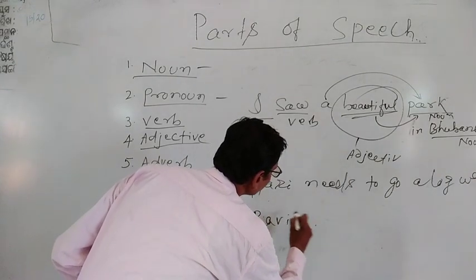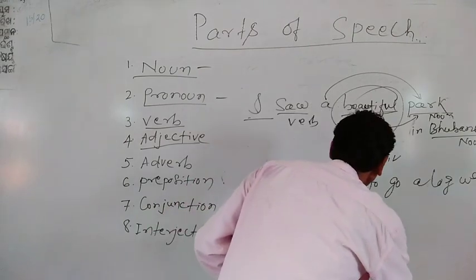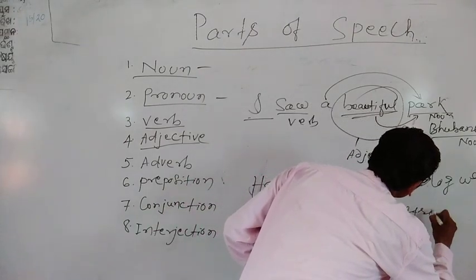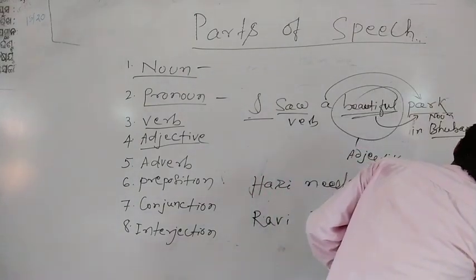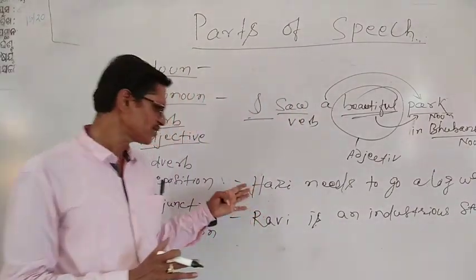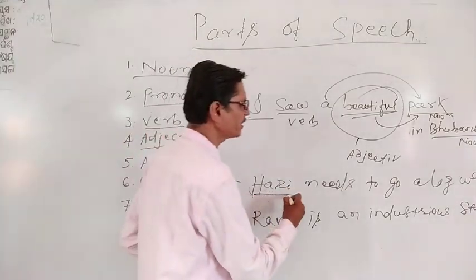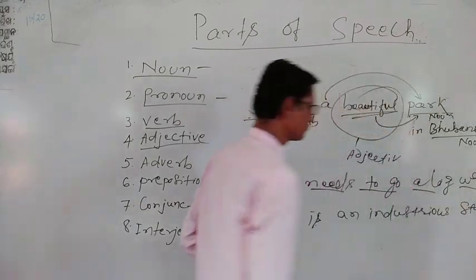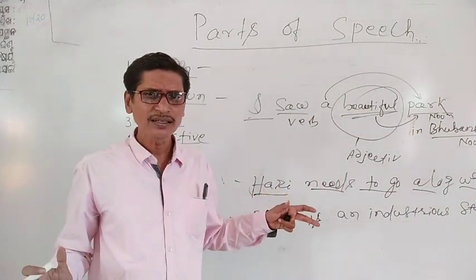Ravi is an industrious student. Here you see in these sentences I have given, Hari needs to go a long way. Here, how is the way?